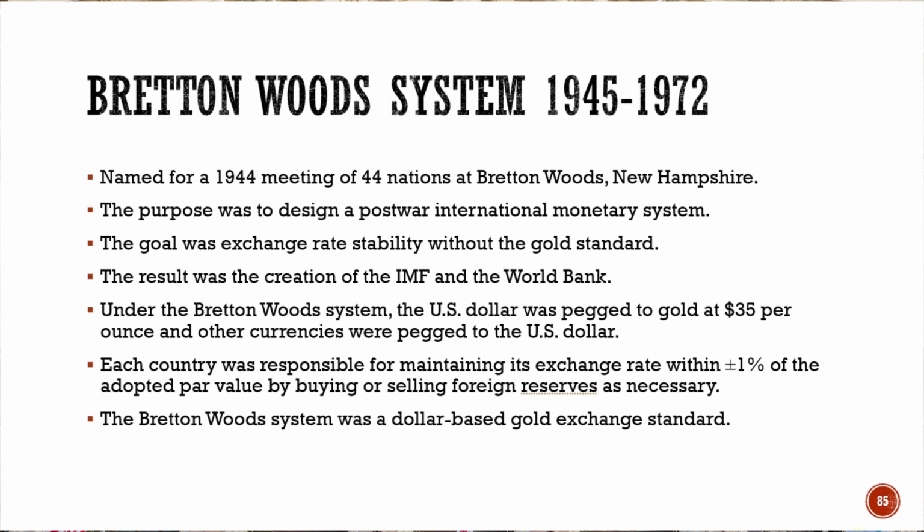Other countries that decided to peg their currency to the United States dollar would have to keep their exchange rate within a range of plus or minus 1% of the adopted fair value. So, King Dollar was simply the dollar-based gold exchange rate standard that we had for a long time after World War II. And it helped rebuild many countries out and about.